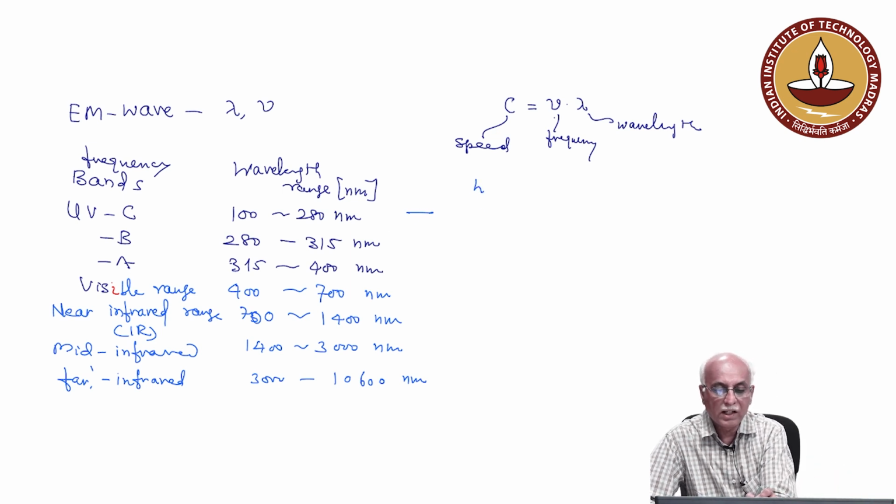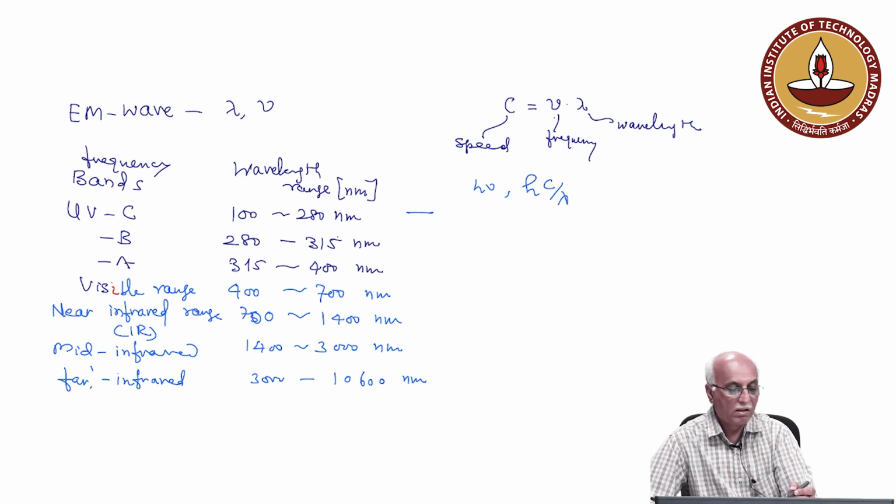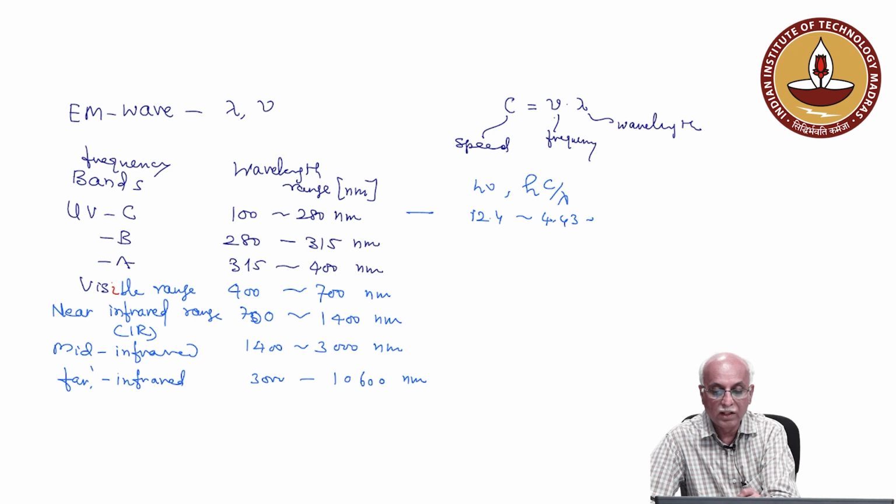The corresponding energies can be estimated; it is nothing but h nu or hc by lambda. We know the wavelength, so we can determine the approximate photon energy, and photon energy in the UV band will be quite large, a few electron volts, about 4 to 10 electron volts, here 12.4 to 4.43 electron volts.